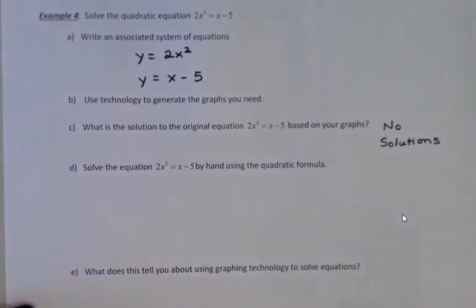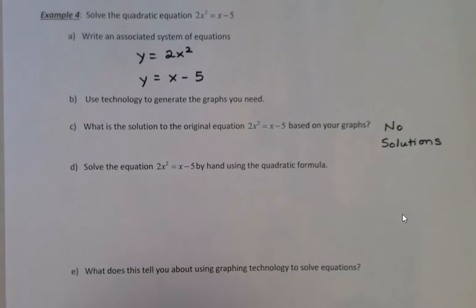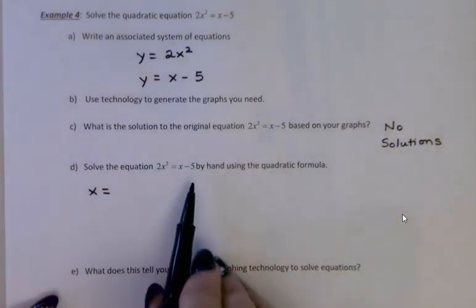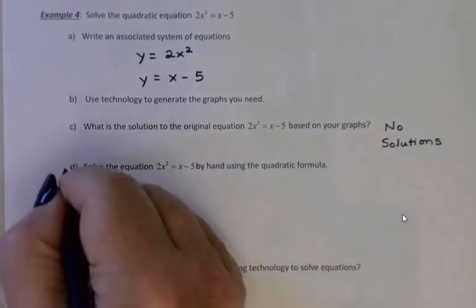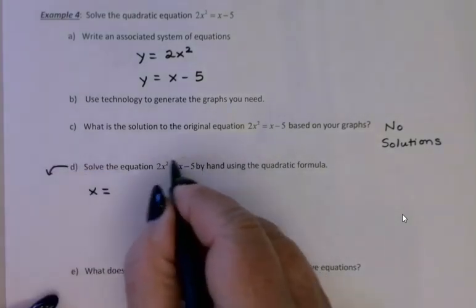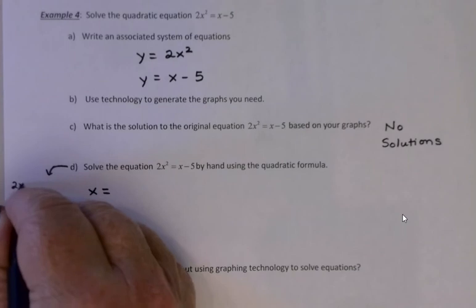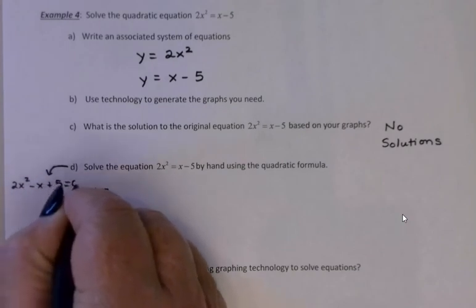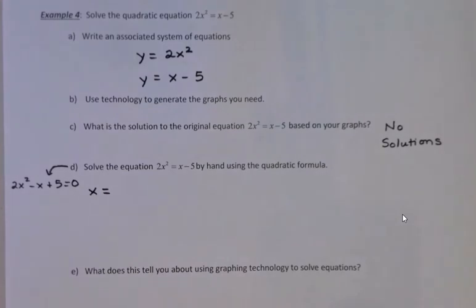However, we were able to find all quadratic equations had solutions when we worked them by hand. So let's solve this by hand and see if we can figure out what's going on here. Using that same quadratic formula, let's see here. Oh, I probably should have, I'll do it off to the side. We do need to get this equal to 0. So I'd have 2x squared minus x plus 5 equal to 0.